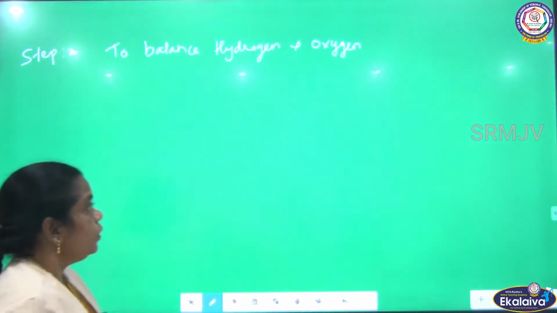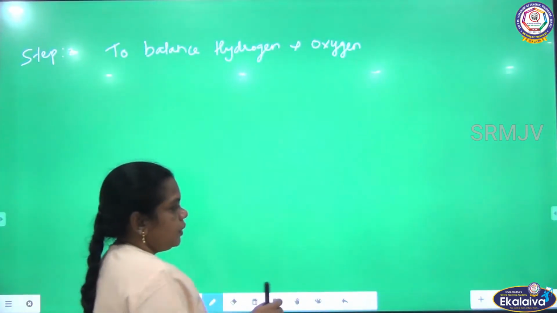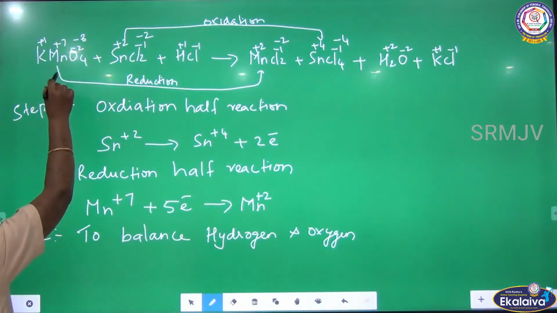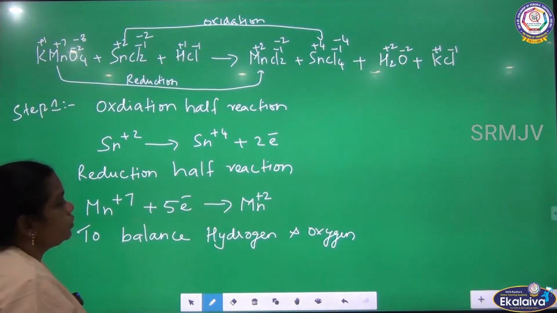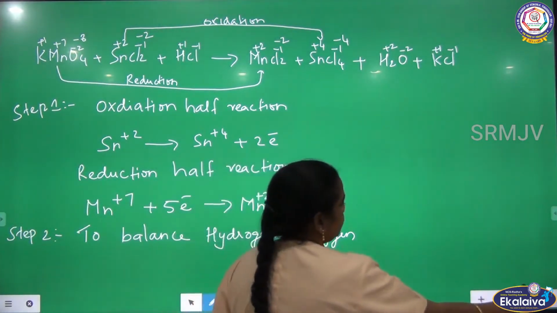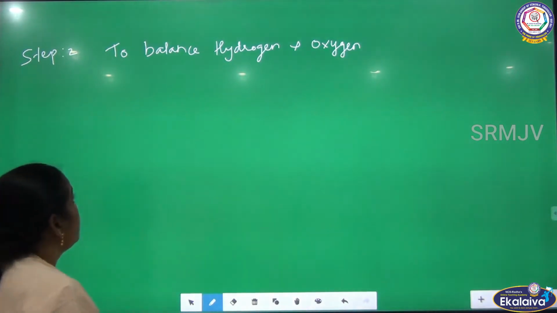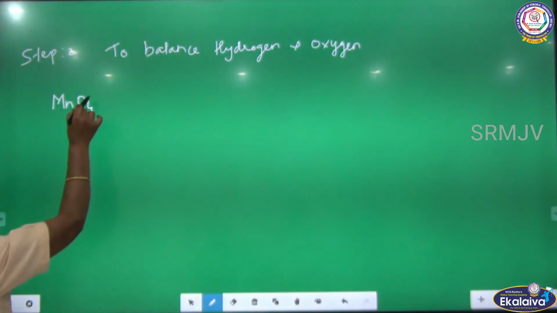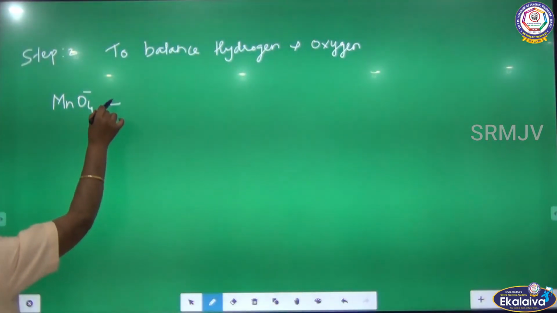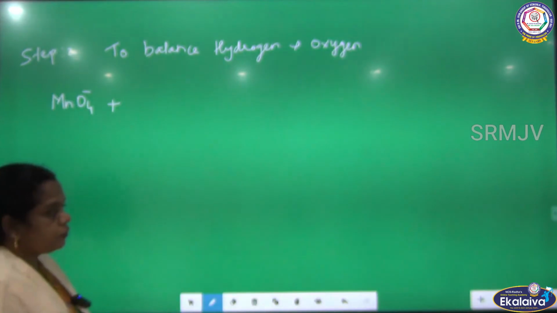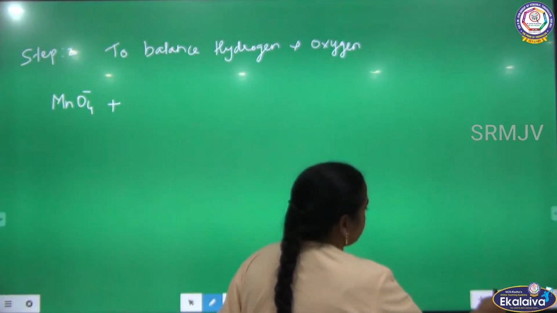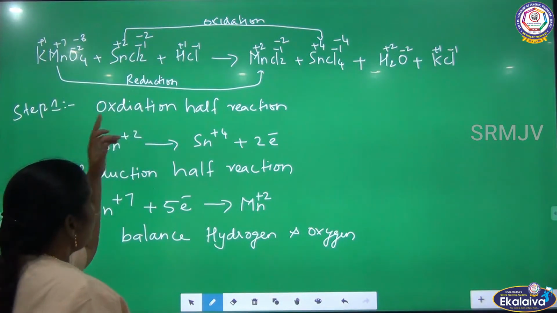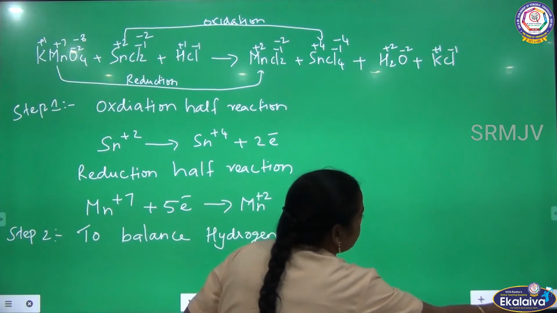Now you want to write the equation. You have to write the ionic state of this equation. KMnO4 gives MnO4 minus plus K plus. In the reduction half reaction, MnO4 minus, you write protons.